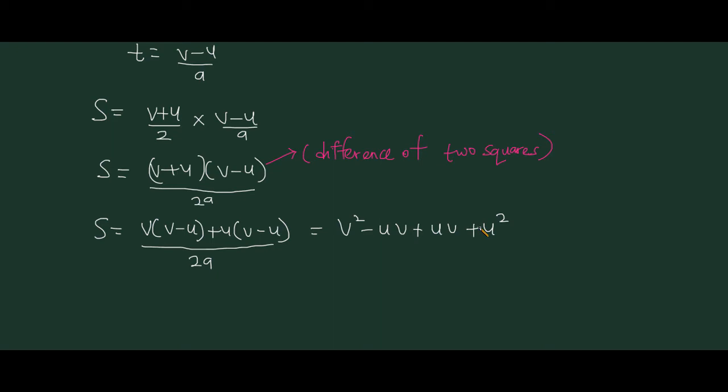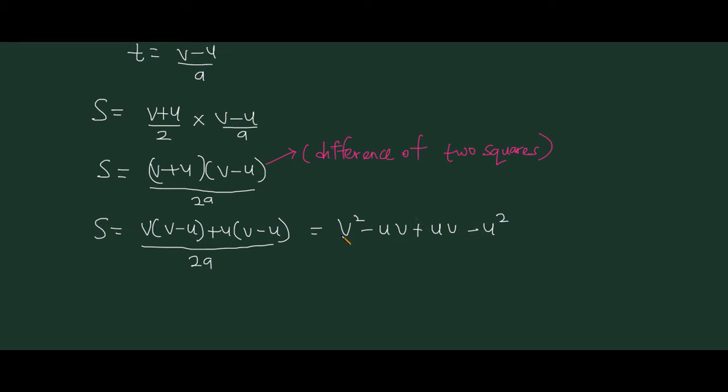Because if you look at it, plus u times v will give me plus uv, and two opposite signs will give me a negative sign rather. So this should be minus u squared.